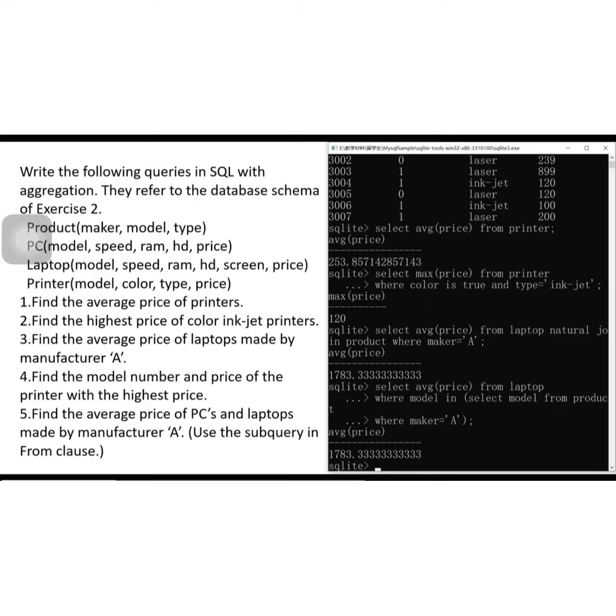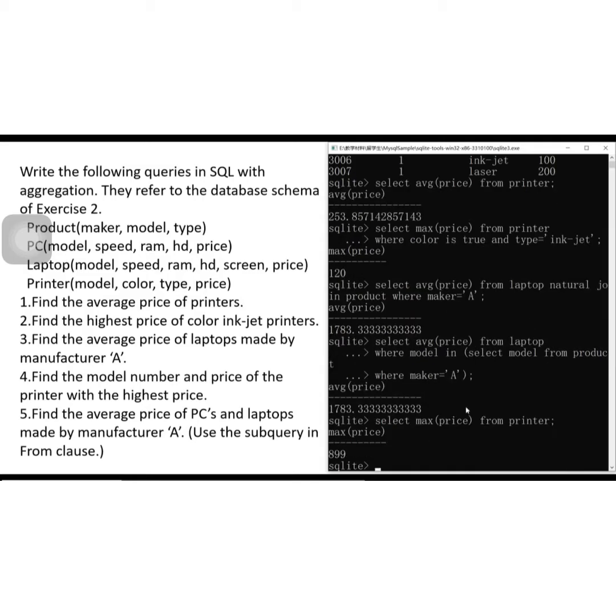Now this time we'll find this with aggregation. Highest price, and we can find highest price with this SQL sentence: select max price from printer.